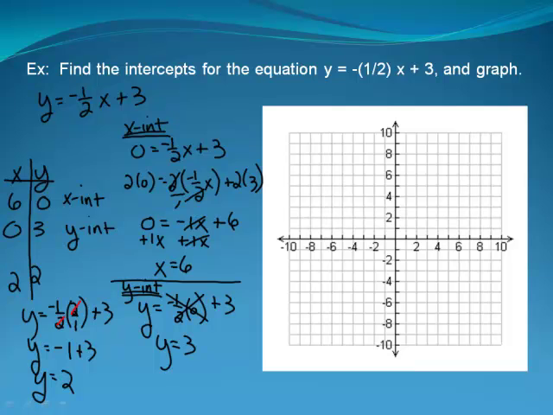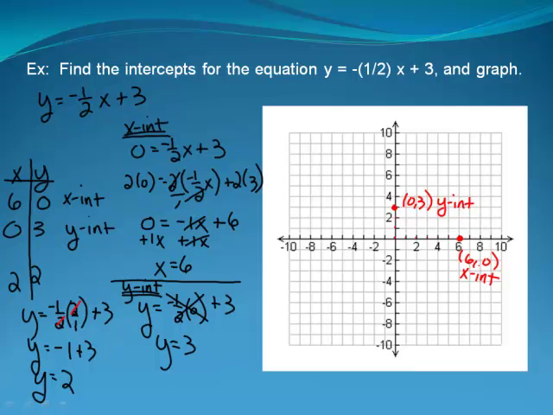Okay, so plotting those points, we've got 6 to the right and 0 up or down. So 1, 2, 3, 4, 5, 6 to the right and 0 up or down. That's our x-intercept. We've got 0 left or right and 3 up. So 0 left or right and 1, 2, 3 up. That's our y-intercept, the point where the graph crosses the y-axis.